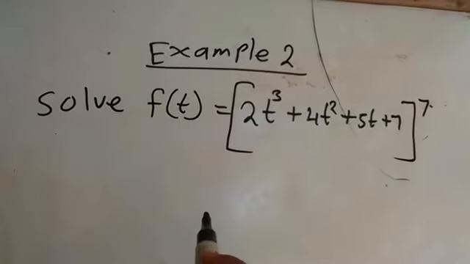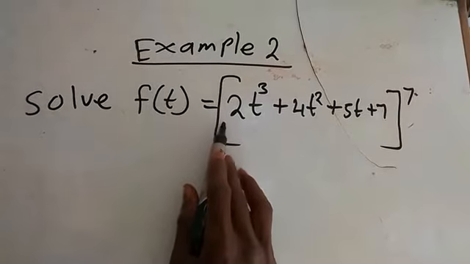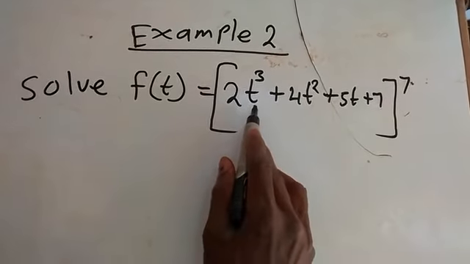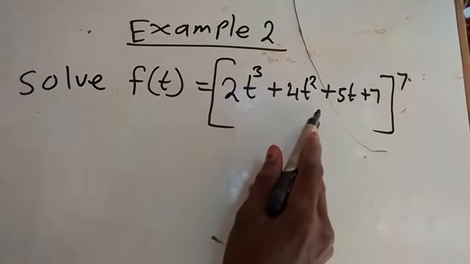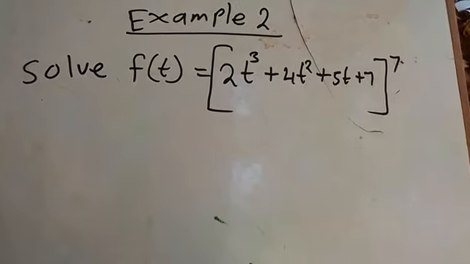Now example 2 says solve f of t equals 2t cubed plus 4t squared plus 5t plus 7, raised to 7.